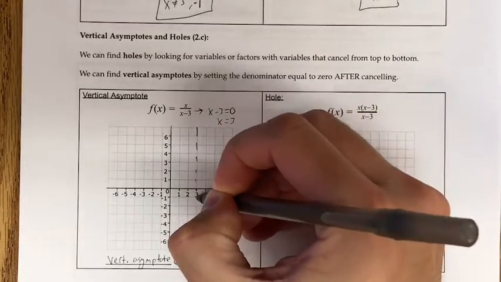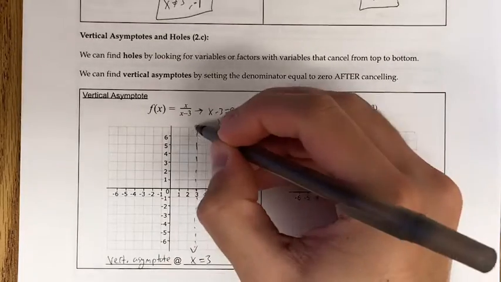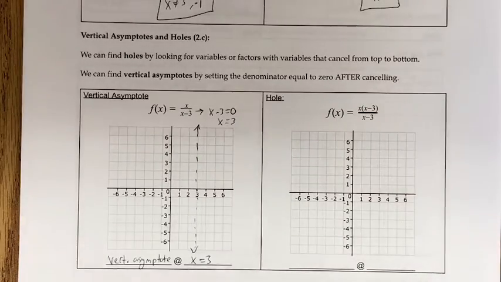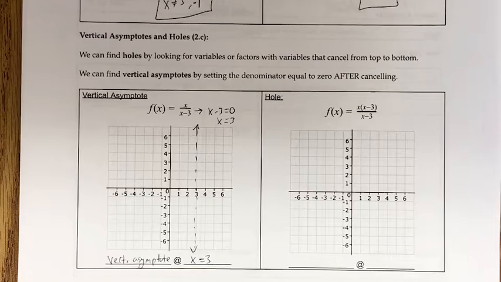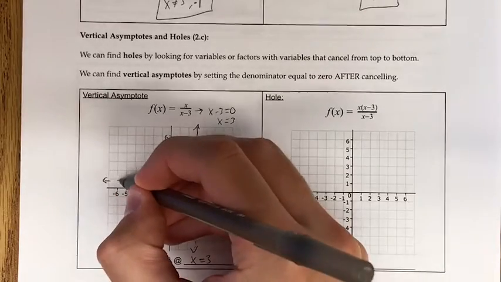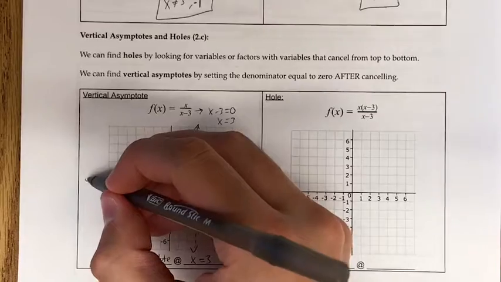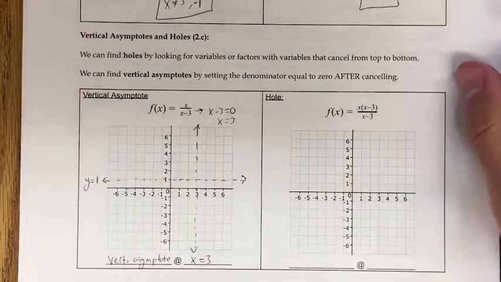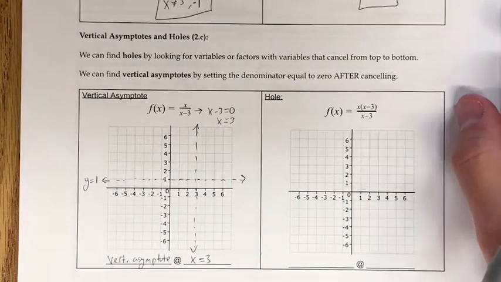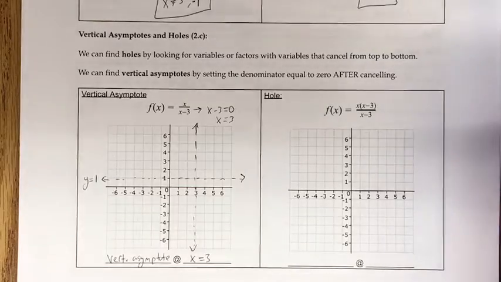So that would be our line right here. There will be a horizontal asymptote here as well, which is something we will get to, but for now I'm just going to ask you to trust me. There's a horizontal asymptote at y equals 1. Trust me, we will get there today, but we're just going to start with vertical asymptotes and holes to begin.